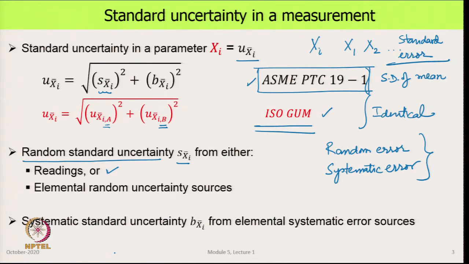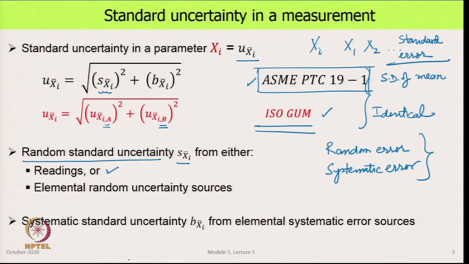That is very straightforward: if I want to get the standard uncertainty in, say, a pressure measurement, I make multiple measurements of the pressure, note down the readings, assuming that everything else is in steady state, and then we do a bunch of statistics based calculations and establish S x i bar. It is a one step calculation. In practice, this is usually the case, and later on we will also see examples, and in the assignment you will see problems on this.